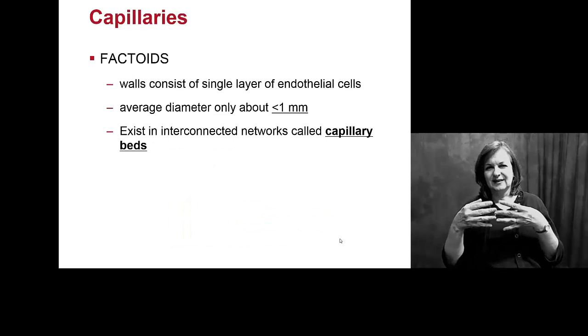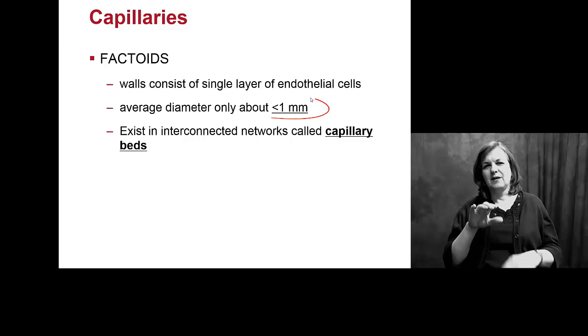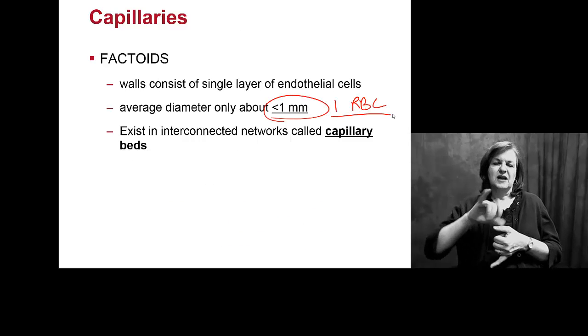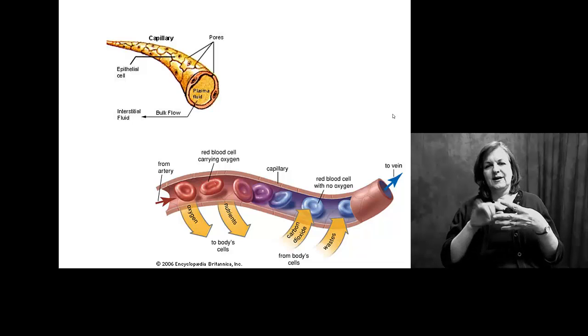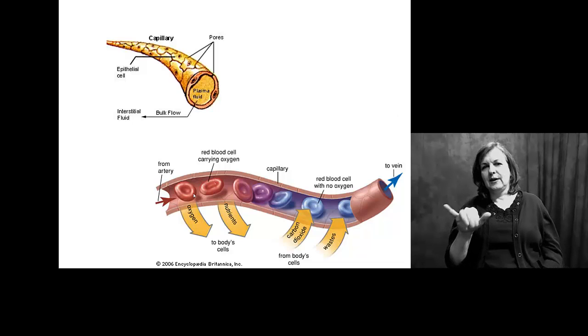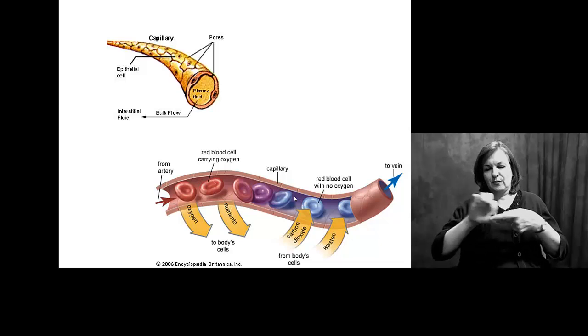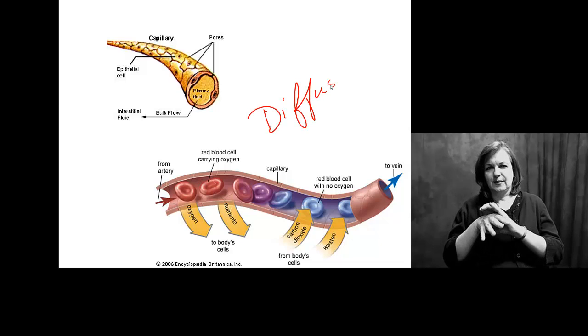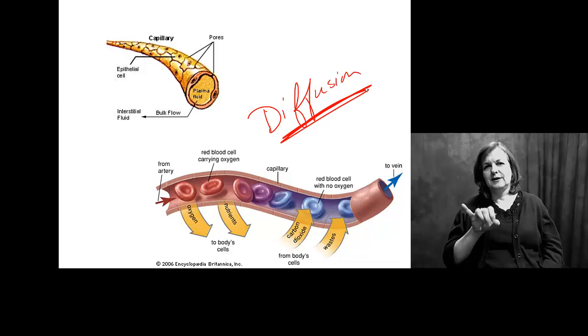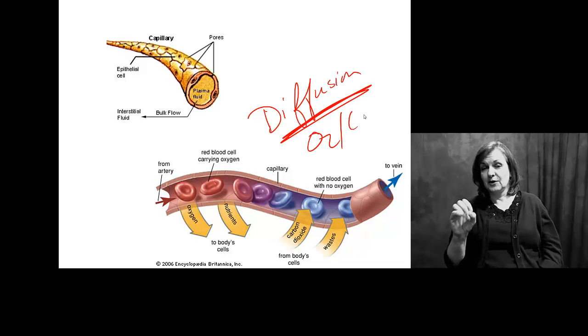Capillaries, we said, are tiny. Average diameter is less than 1 millimeter. That's the equivalent of about 1 red blood cell. Just a little bit bigger, not much. And we form those capillary beds that we mentioned. The idea here is you get a single red blood cell passing through this capillary. Why? We said capillaries needed to do diffusion. That's the big thing, diffusing oxygen and carbon dioxide.